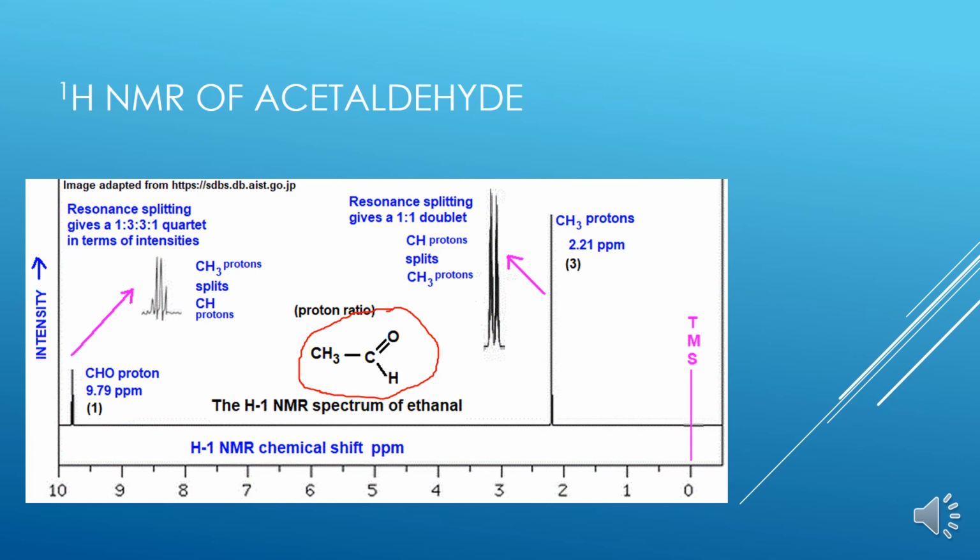One is the aldehyde proton, labeled as A, or 1. The other is B. So there will be two types of protons available: the methyl protons and the aldehyde proton.